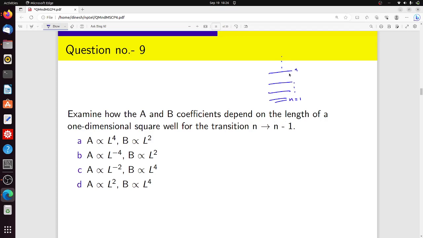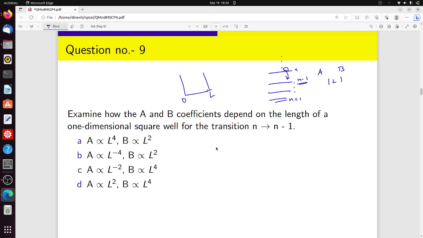The particle is making a transition from n to n minus 1. In this case, how will the A and B coefficients depend on the length of the well? Any idea? No, sir, discuss.